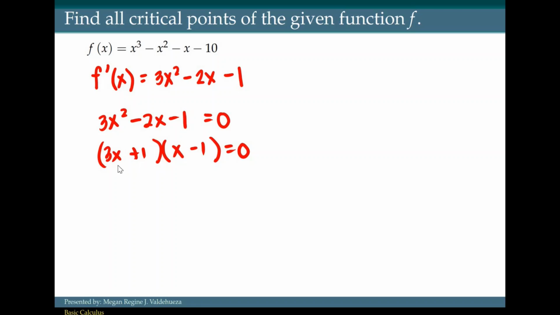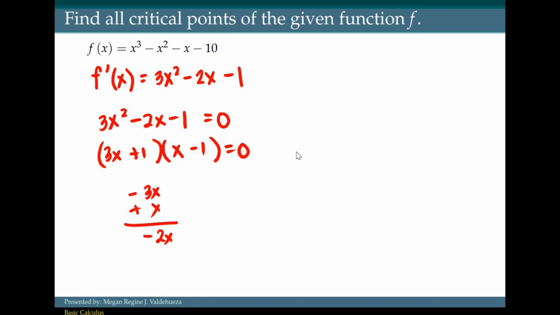And if we multiply the inner part and the outer part, so we have negative 3x plus x, right? So we have negative 3 plus 1, we have negative 2x. So we got the middle part.